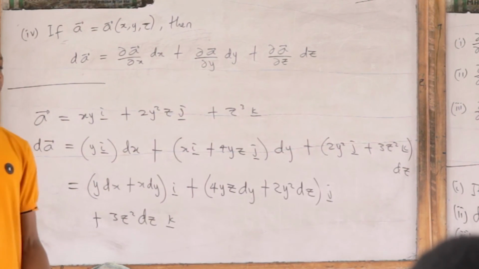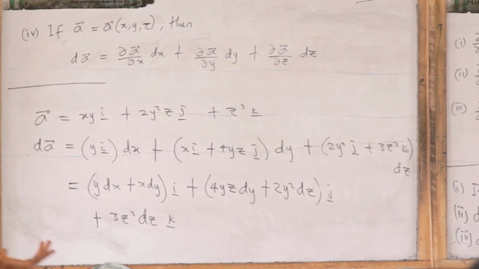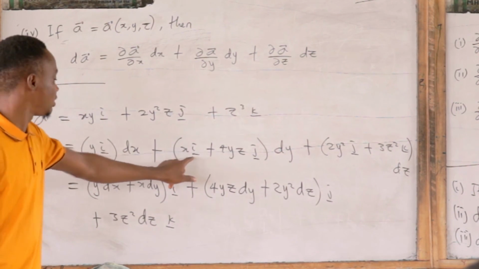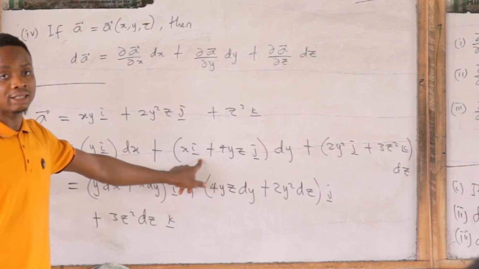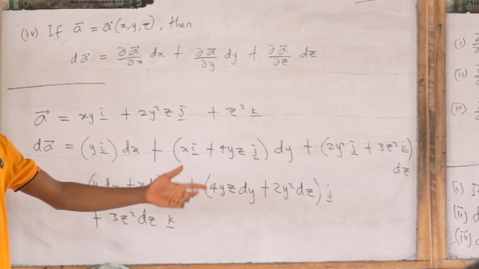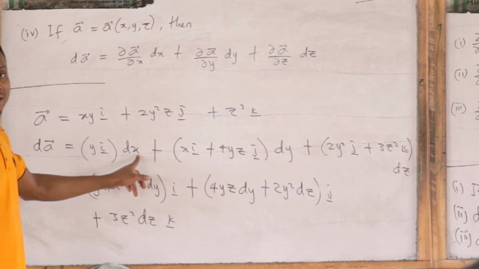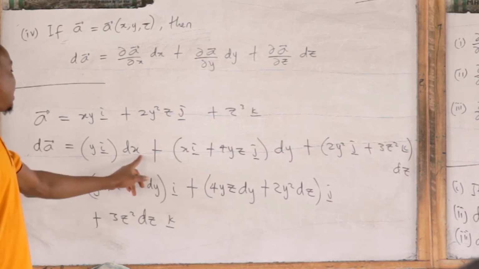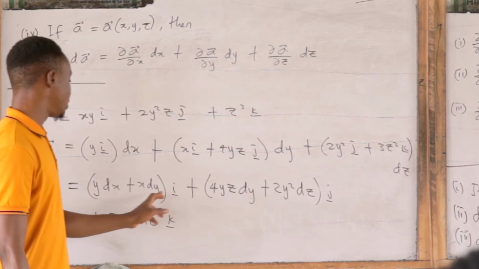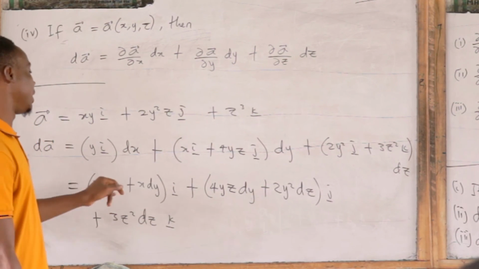We're just collecting items. Those that carry i, put them together: y dx and x dy, times i.